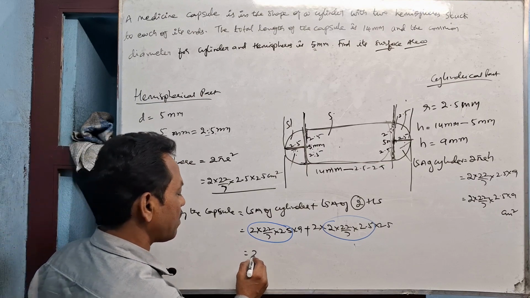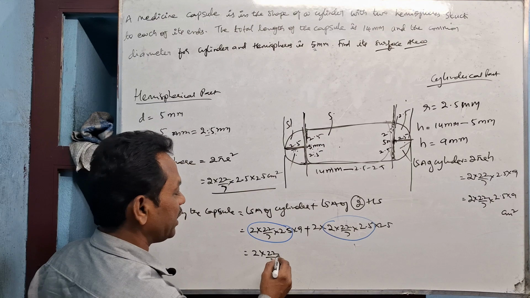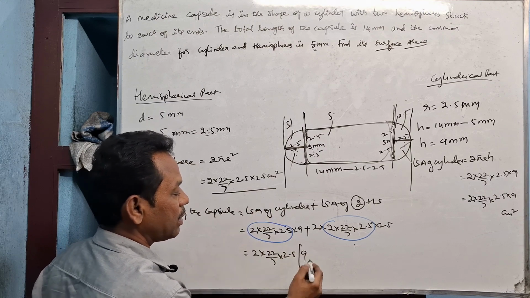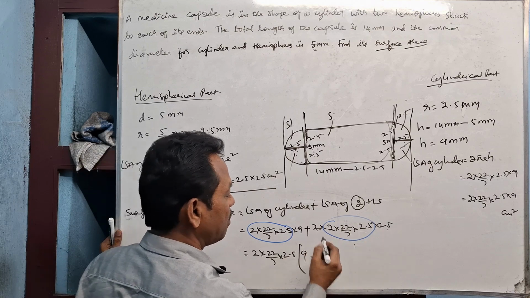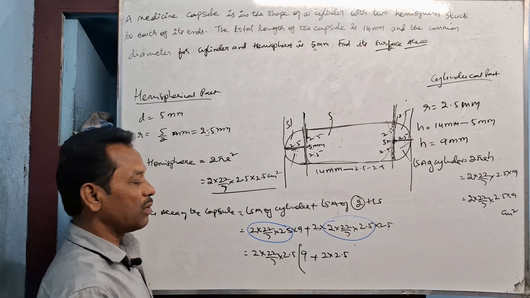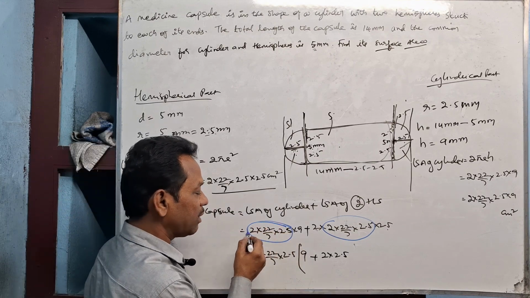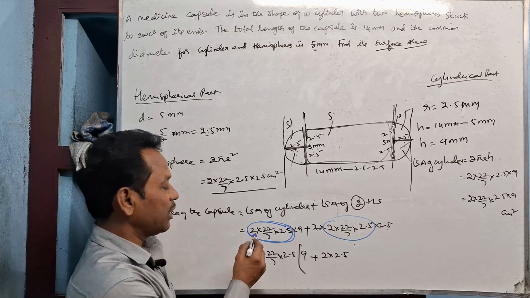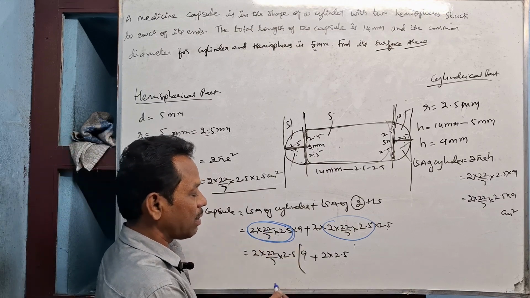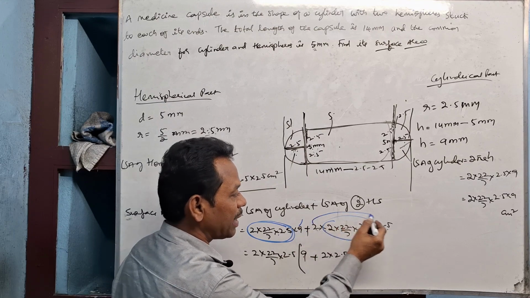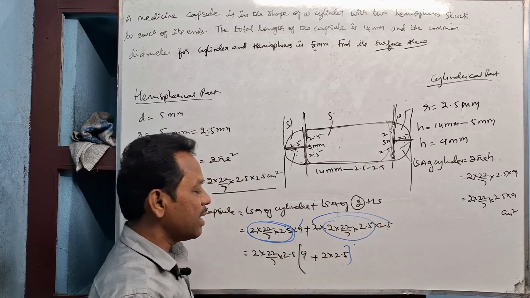If I take that common, we have 9 as it is plus, from the other term, 2 into 2.5.